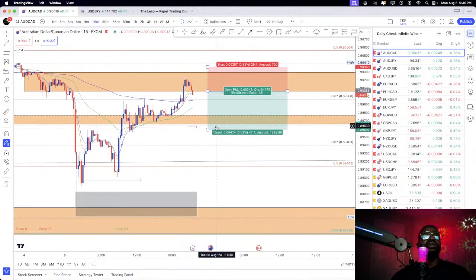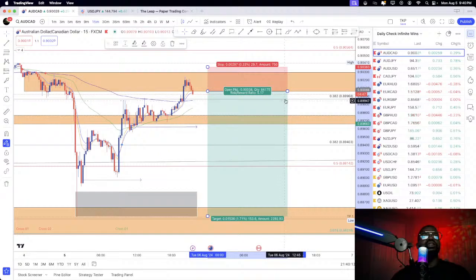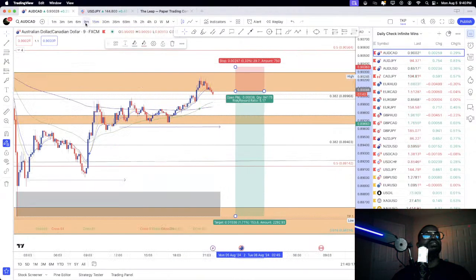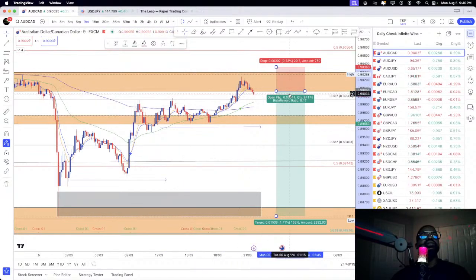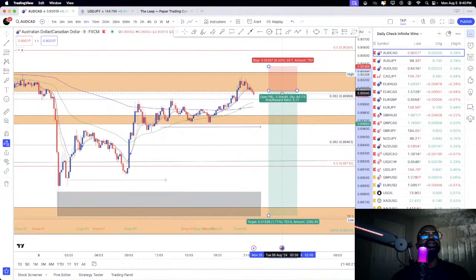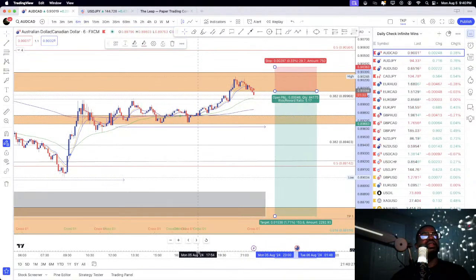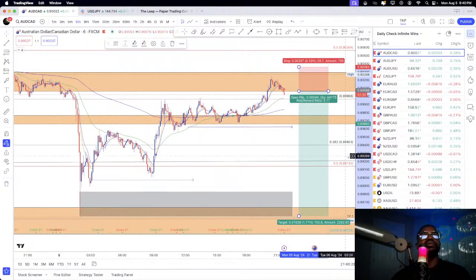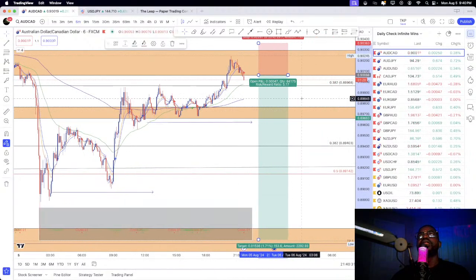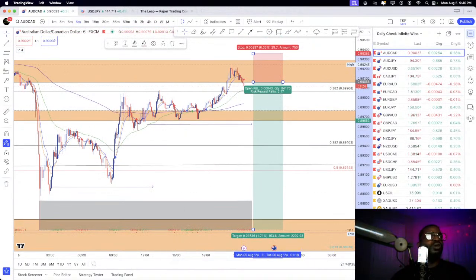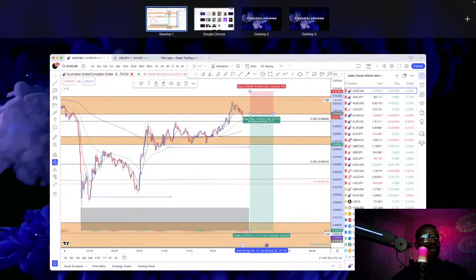Where's our target? Okay, so we got a nice 1 to 5 setup. We are definitely going to take this trade. Now, when I first got into the market, I used to rush and fight to try to get in these trade setups.